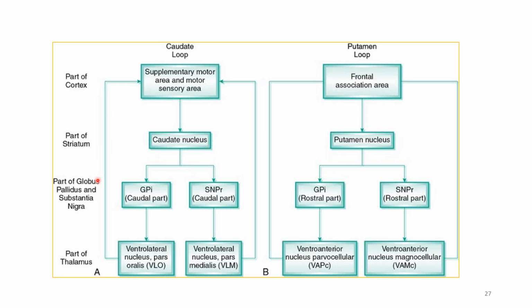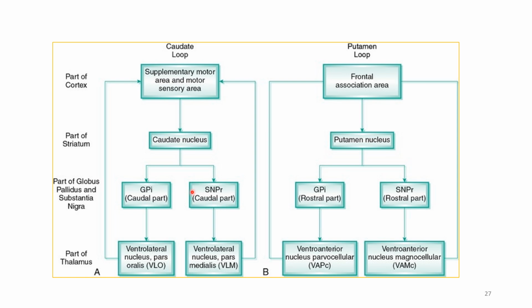In this loop, you have the caudate loop and the putamen loop. The caudate loop receives afferents from the supplementary motor cortex and the motor sensory area. This will stimulate the caudate nucleus, which then stimulates the caudal part of the globus pallidus internus and the caudal part of the substantia nigra pars reticularis.